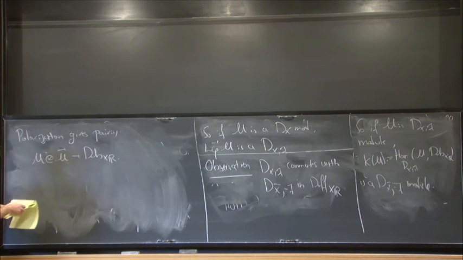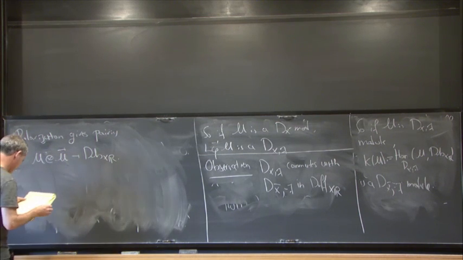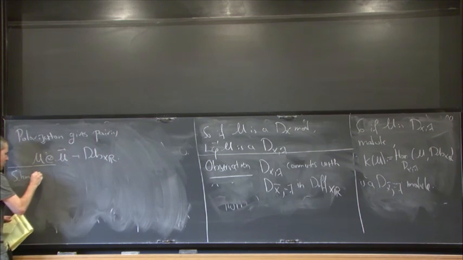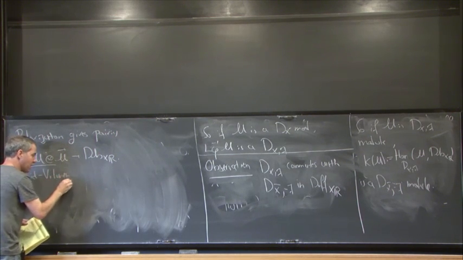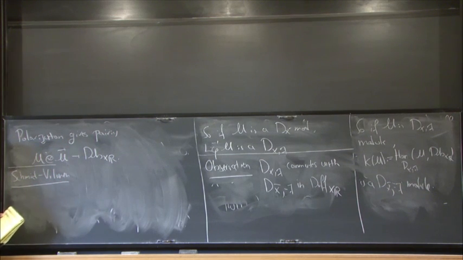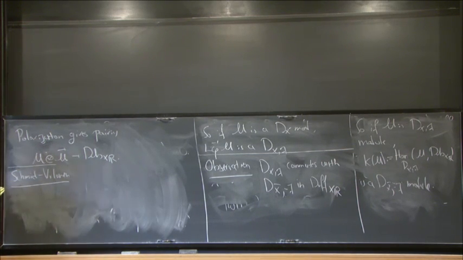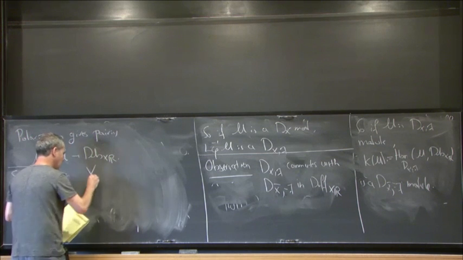Okay, good. Now I want to talk about Schmid and Vilonen. They make these beautiful conjectures, which are a little bit hard to explain, so I want to explain them by examples. Here's their idea.